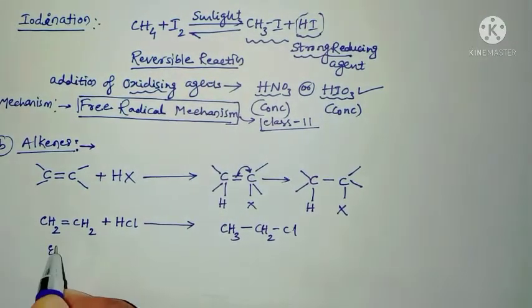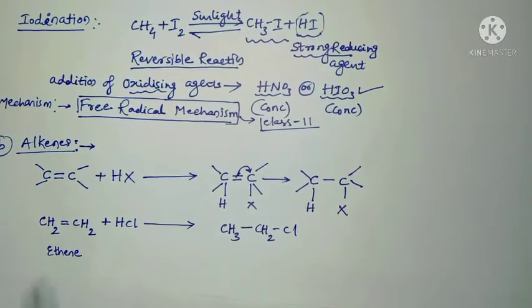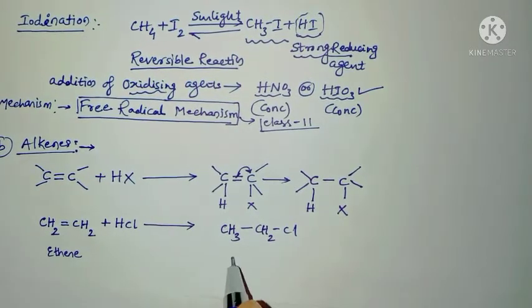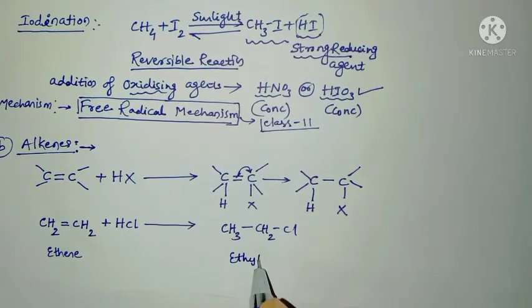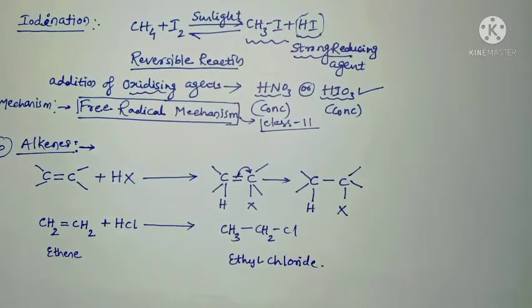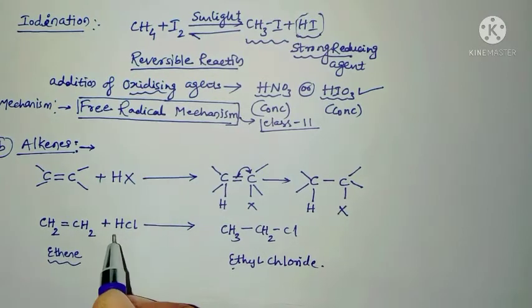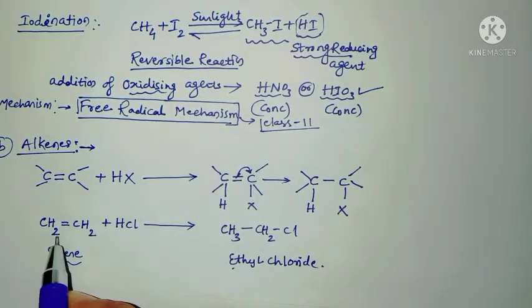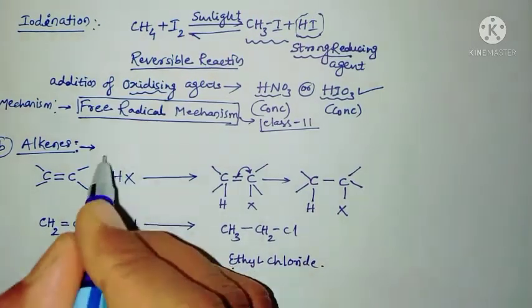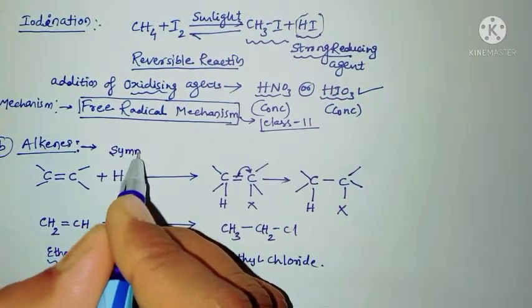So here we have taken ethene, and we have got ethyl chloride. This is the method to get the haloalkane from the alkene. Here the addition of halogen acids takes place, and this is a symmetrical alkene.